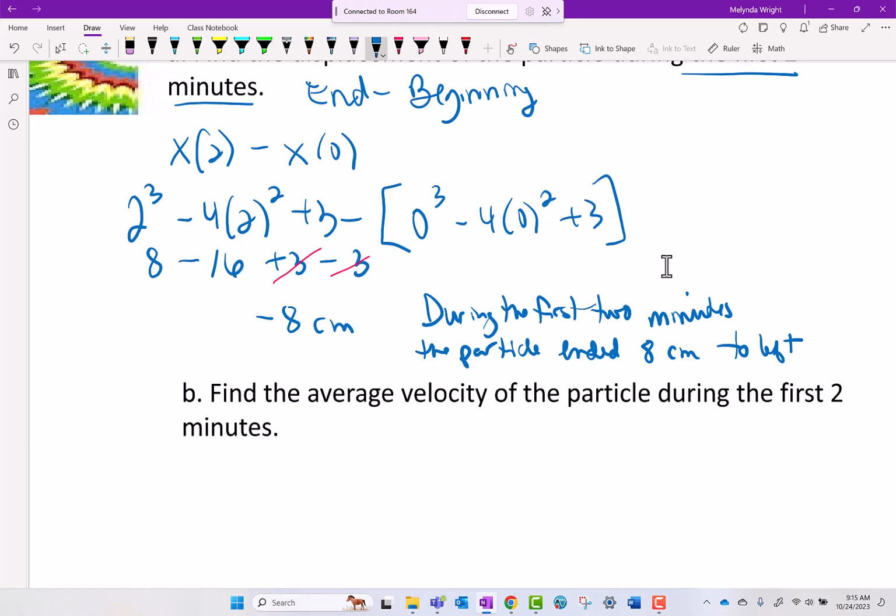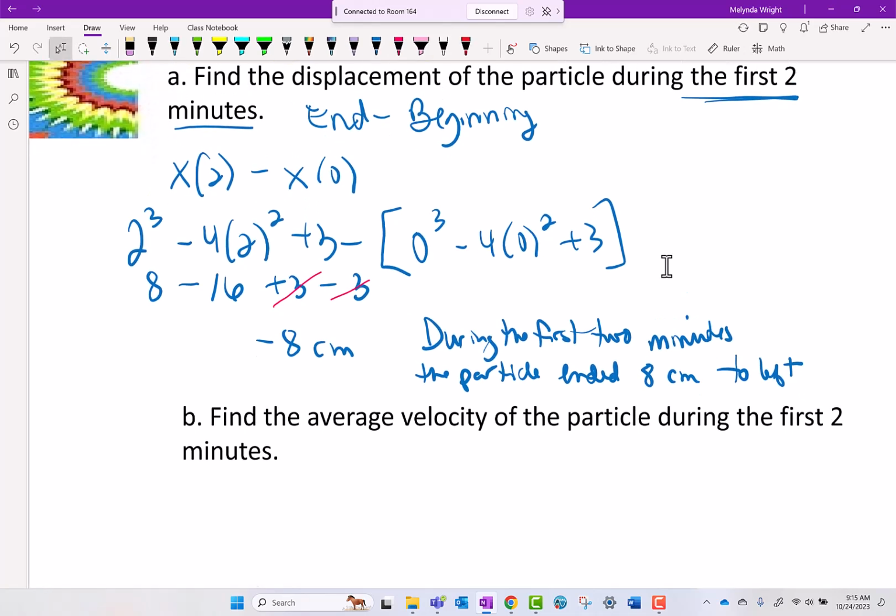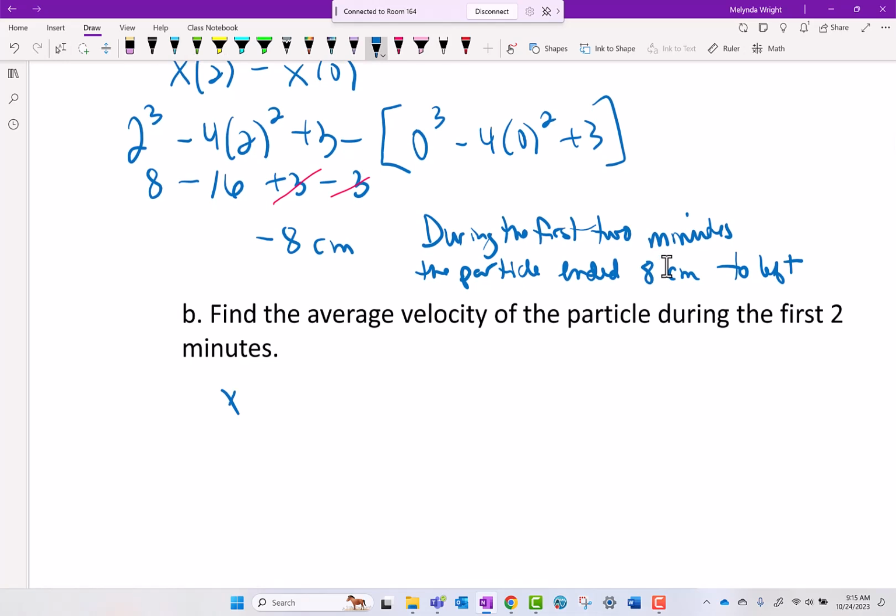Okay, so next they want us to find the average velocity of the particle during the first 2 minutes. Oh, well, that's kind of neat. We've already done the first 2 minutes here. That's kind of handy. So average velocity is going to be x of 2 minus x of 0 over 2 minus 0. And we actually already did the calculations. Yay.